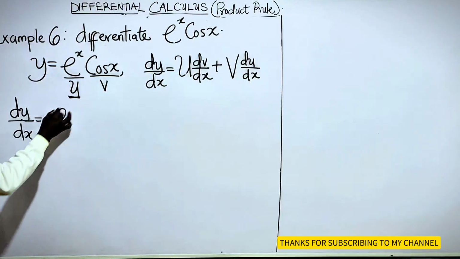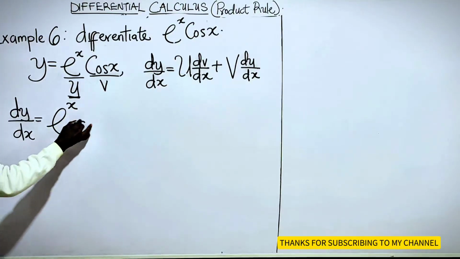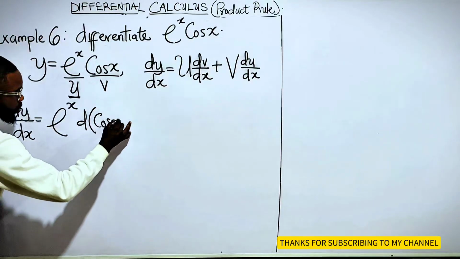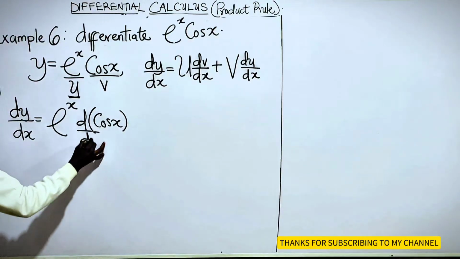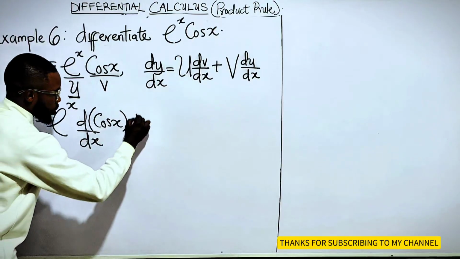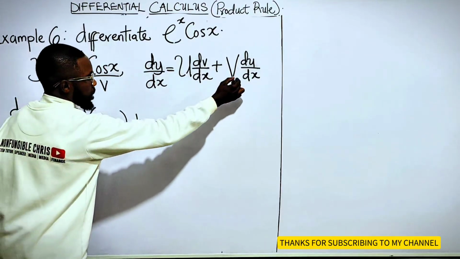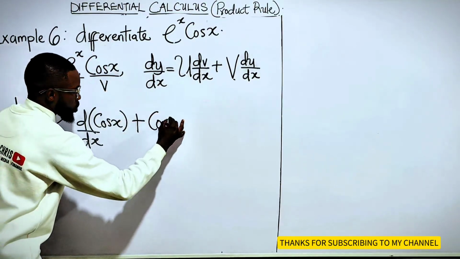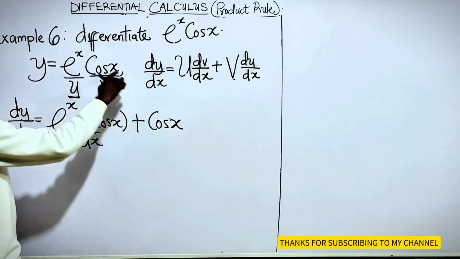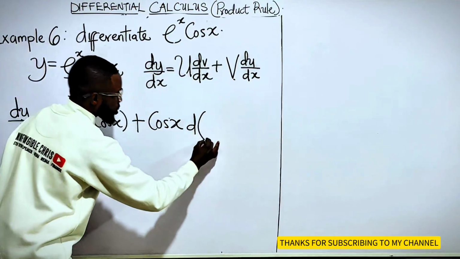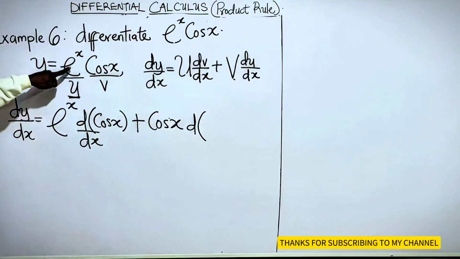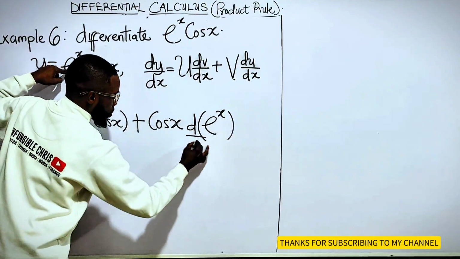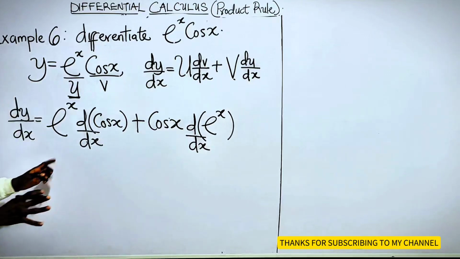So we have e raised to the power x, d of what? dv, and our v is cos x, over dx, plus v, and the v is cos x, d of what? du, and the u is e raised to the power x, right? All over dx. Simple, right?